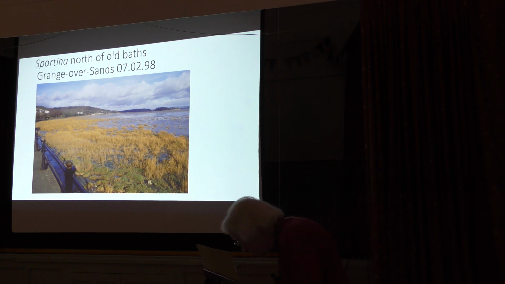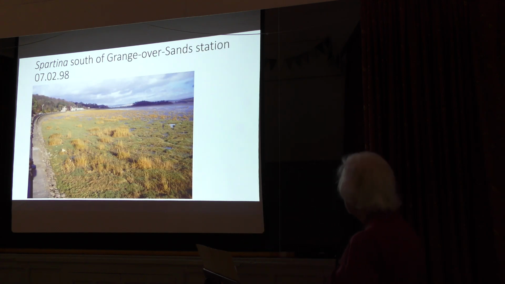And going further north again along the Grange Promenade, this is just south of Grange Station, which you can see here. Here, the Spartina again, there's also other grasses coming in. So this is the new Salt Marsh developing.